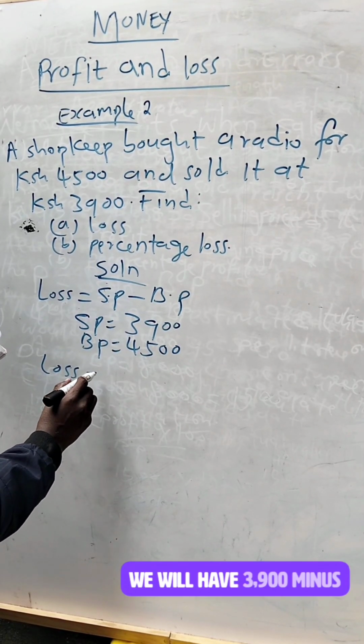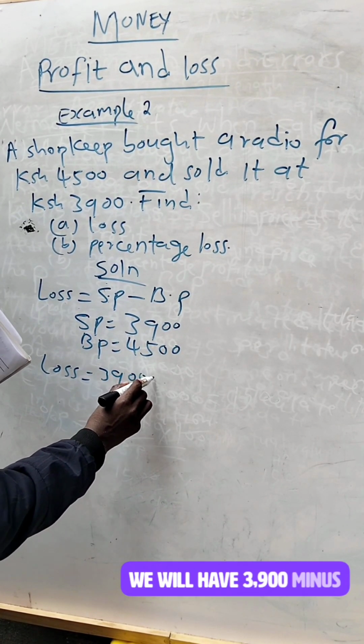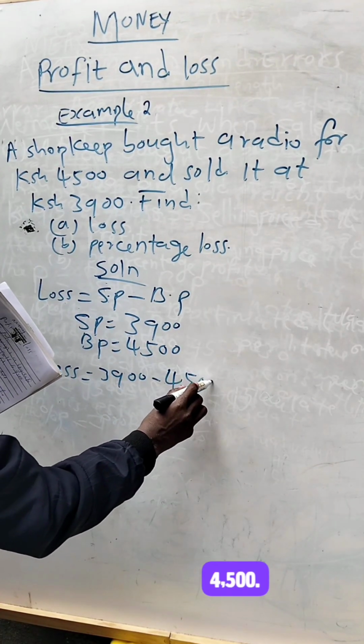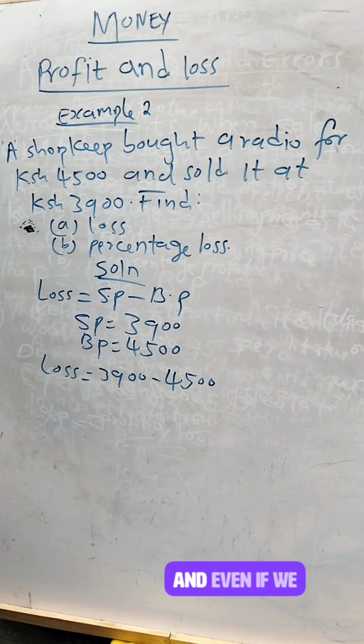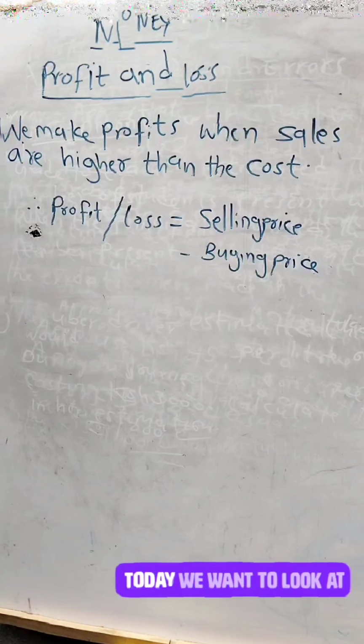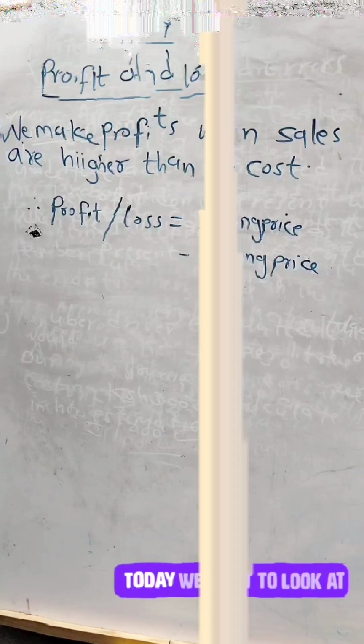We will have 3,900 minus 4,500, and even if we interchange these values, there's no problem. So you can say loss is equal to 4,500 minus 3,900, which will be 600 Kenya shillings.